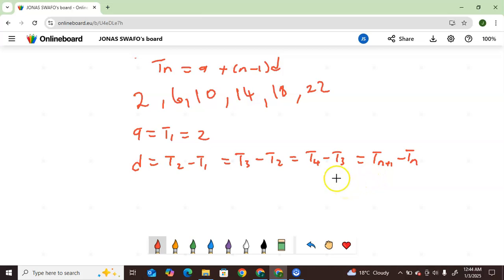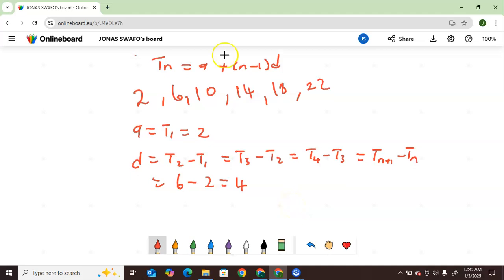So now, what do we have? Our D would be, here T2 is 6, so it's going to be 6 minus T1, which is 2. And our common difference in this case is 4, right?